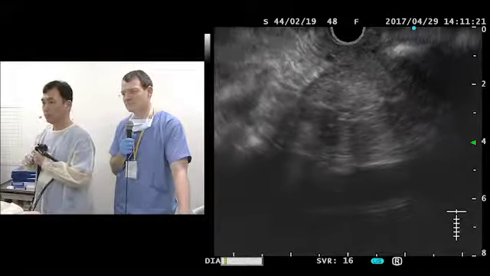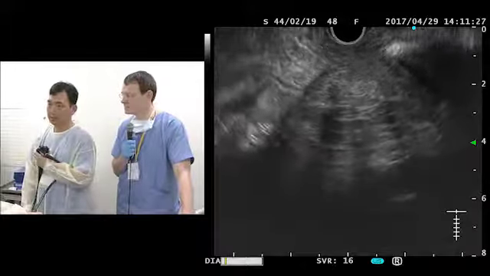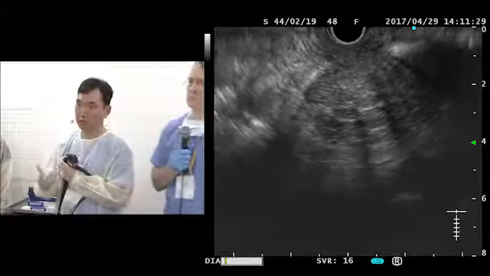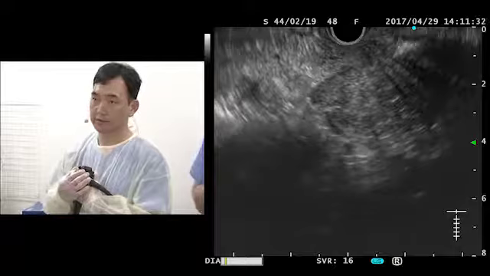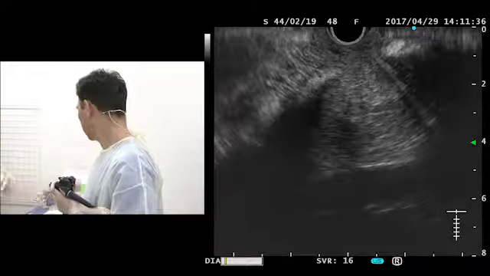So I want to have more of a core tissue than just the cellular material. Nowadays, there are several companies trying to get more of a core tissue rather than just the FNA samples.